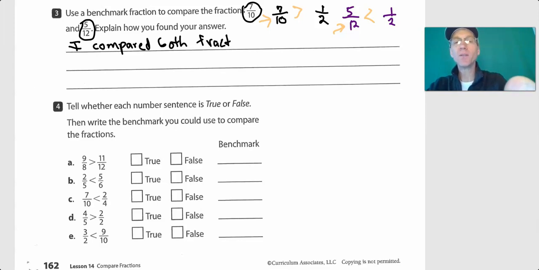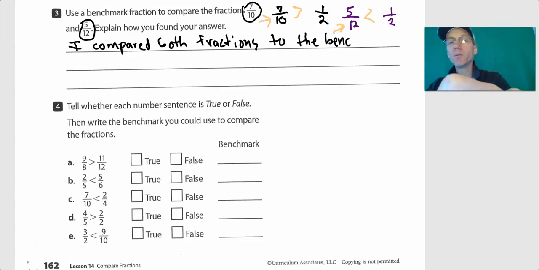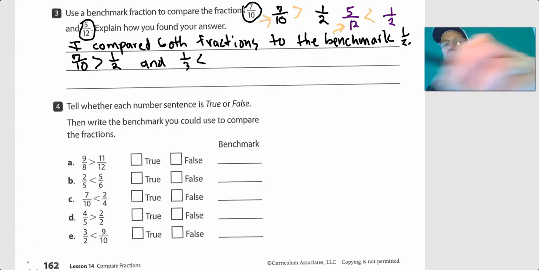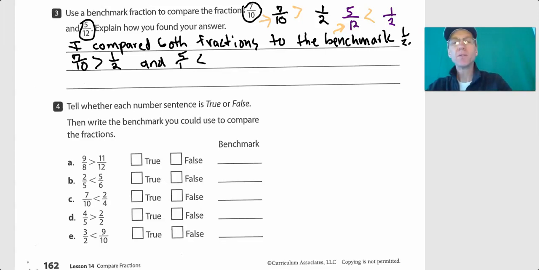Again, I have to write kind of vertically, and it's really hard. 7/10 is greater than 1/2, and 5/12, whoops, I'm thinking about the other one. 5/12 is less than 1/2.